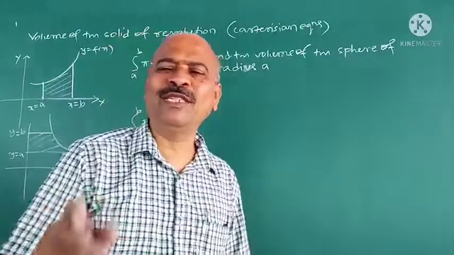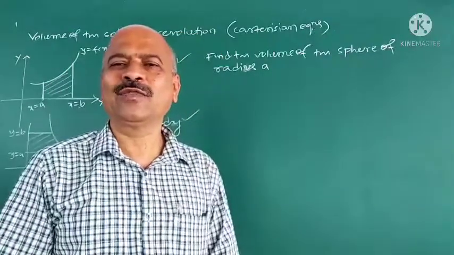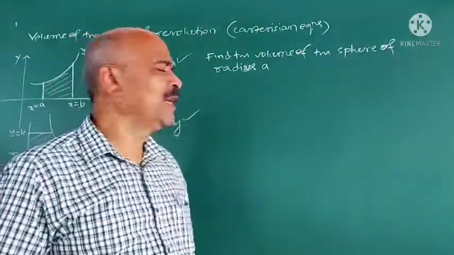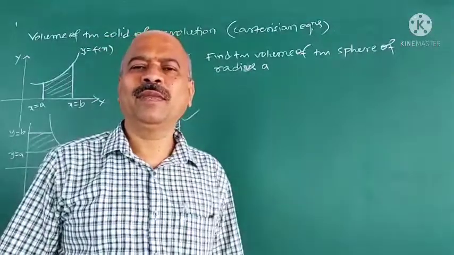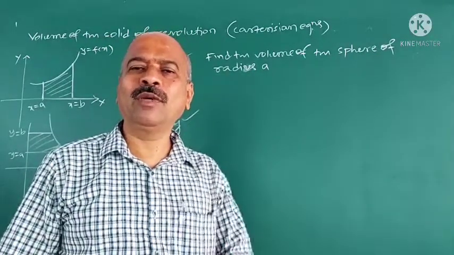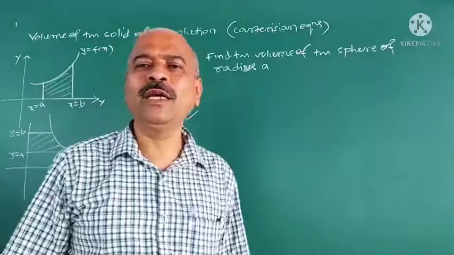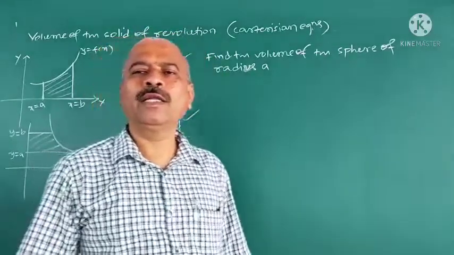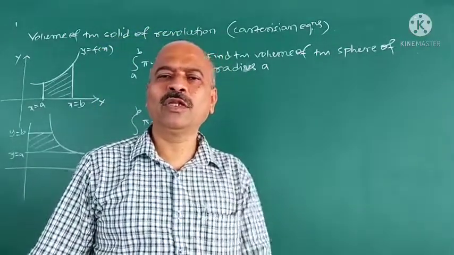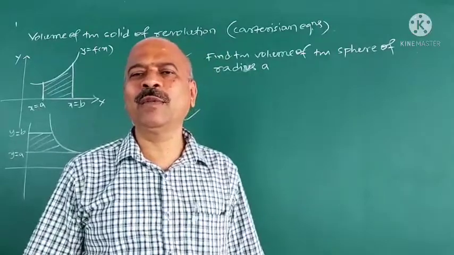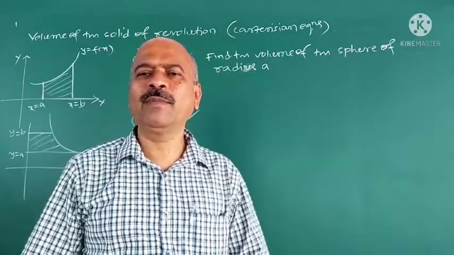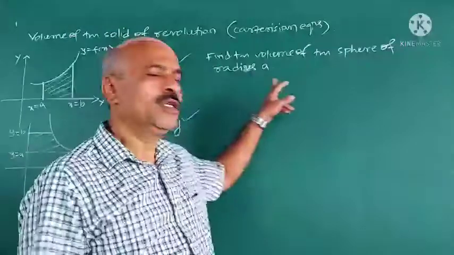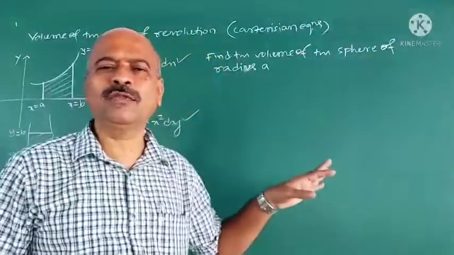This will not be an MCQ question, because if the question asked is what is the volume of a sphere of radius a, then it would be a question for 8th, 9th or 10th standard. Because you have studied there that the volume of the sphere is 4 by 3 pi a cube. But now, using the definite integral, we obtain this one.